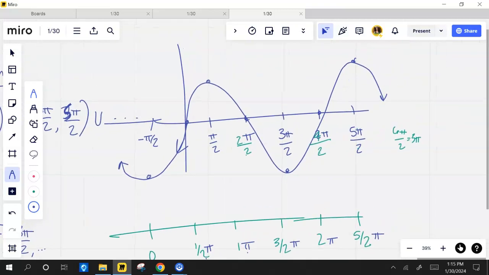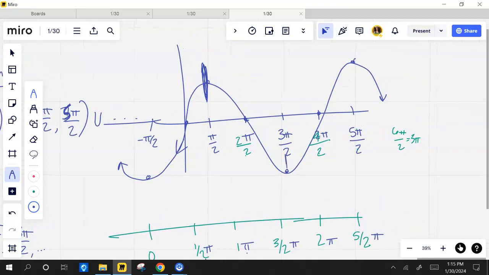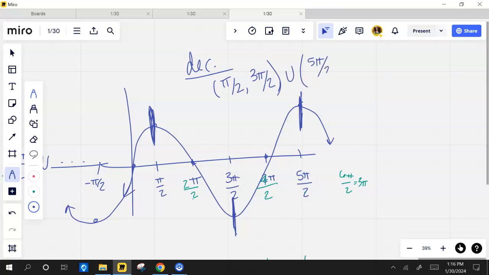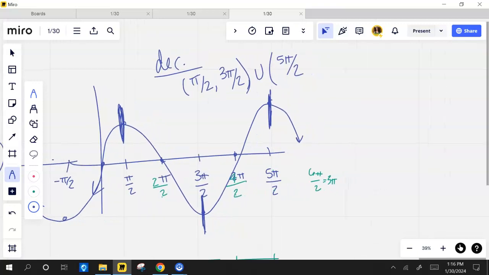If I start looking at decreasing from pi over 2 to 3 pi over 2, do you agree? And then I'm going to join that with, I pick up at 5 pi over 2, and it decreases until I get to what?